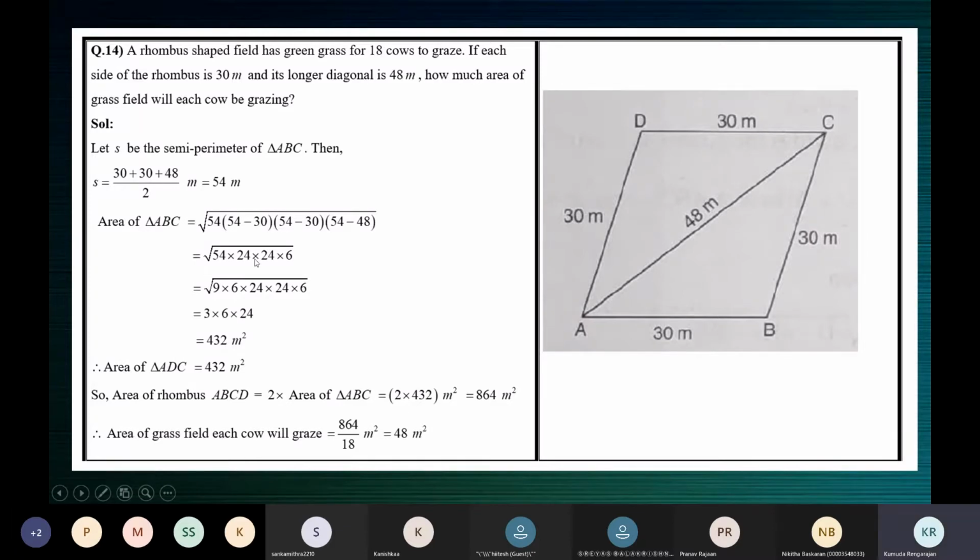Here I'm telling you again, children, I don't want anyone to say that this part is difficult. Somebody express 54 as a product of its prime factors.